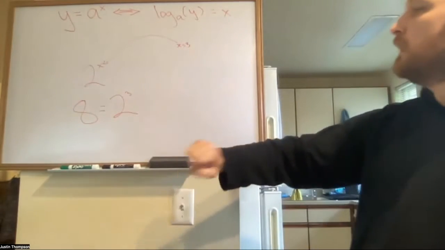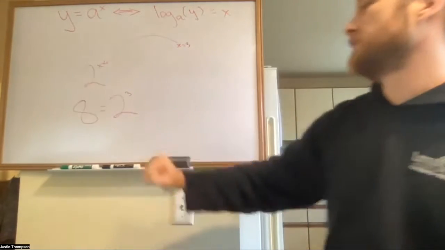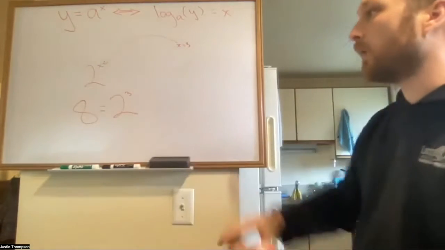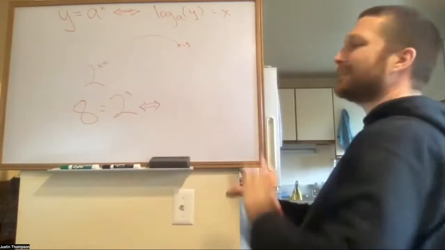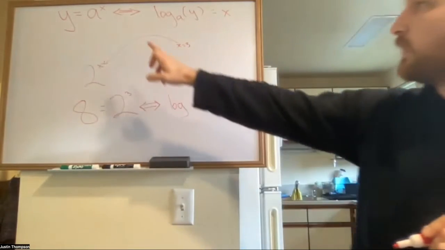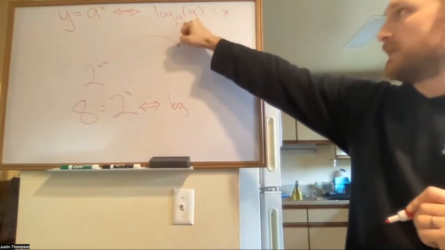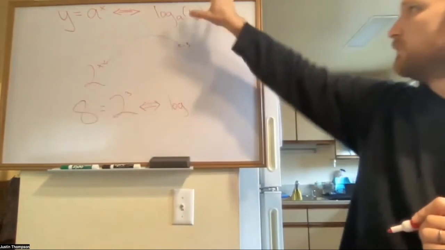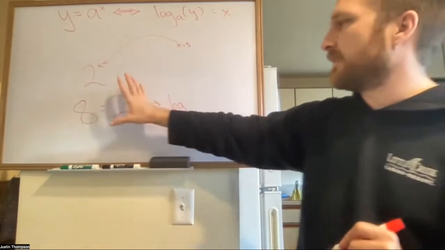So there's two ways of writing this equation right here. We could either say that 2 to the third is equal to 8, or we could say the exact equivalent thing. They mean exactly the same thing. Look at what's happening here. The base is the thing that goes in the little subscript here. And so when I'm going to translate this into a logarithmic equation, the base is the first thing I identify.